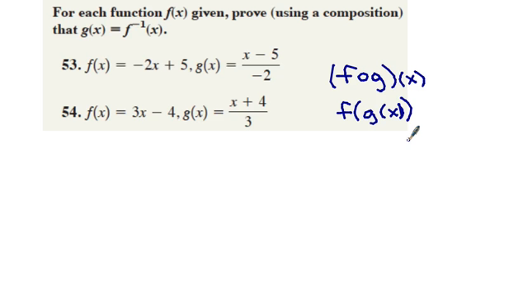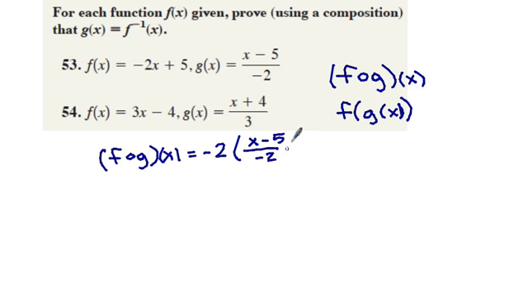So if I was to look at something like 53, we're going to see that our f of g of x is going to equal negative 2, and where we see x, we're going to plug in g of x. So this becomes x minus 5 over negative 2 plus 5.